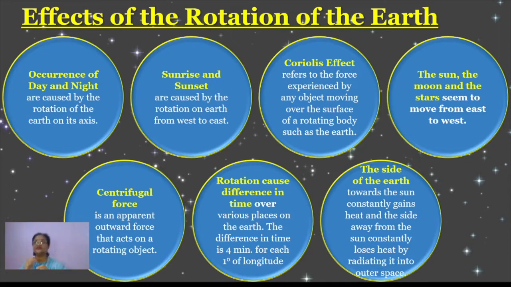Any longitude which faces the sun experiences its local time as noon time. And accordingly, all the longitudes have different times, right? So all over the earth, there is a difference of 4 minutes at every longitude, which we have discussed in one of the earlier topics under latitudes and longitudes. So again, the same thing is happening here also, right?